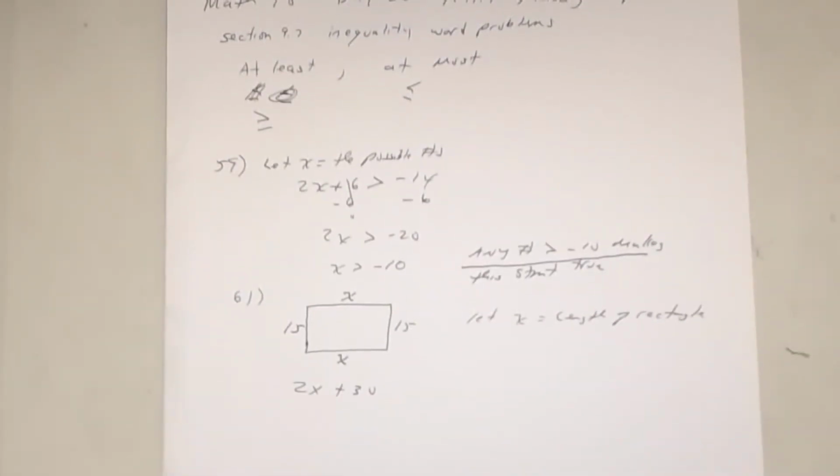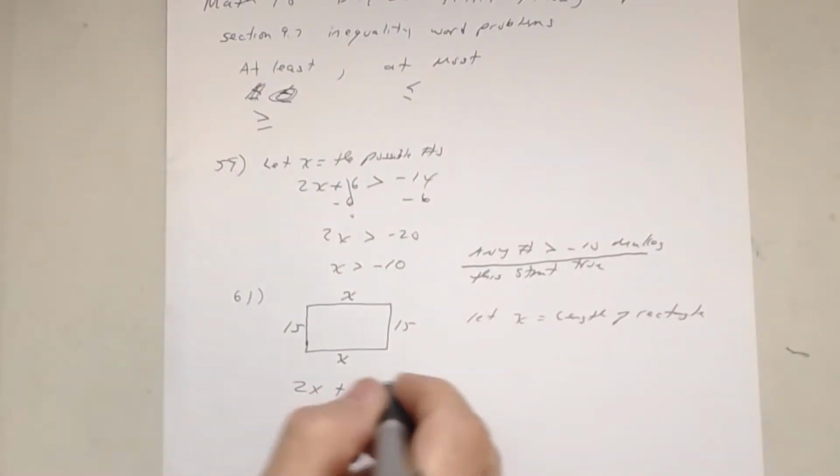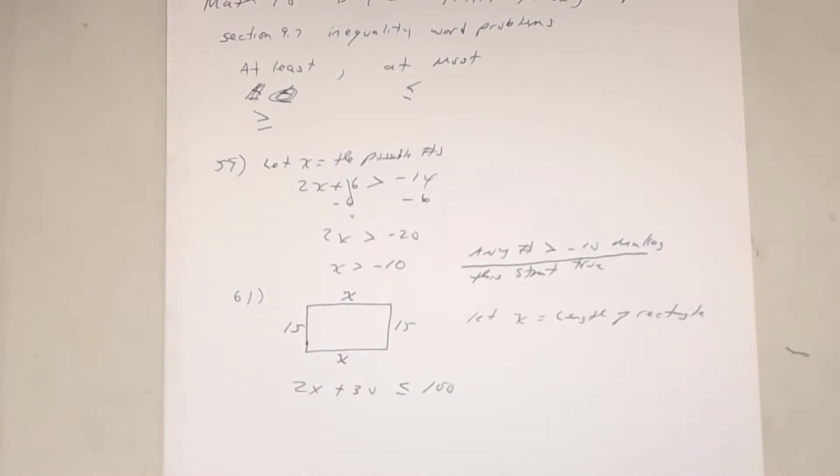That's the expression. But you're told that you want this perimeter to be no bigger than 100 centimeters. So what inequality symbol is that? Less than. So no bigger means that my numbers have to be what? Less than or equal to. Okay, so you say less than or equal to 100, because it says it can be no bigger than what? 100.